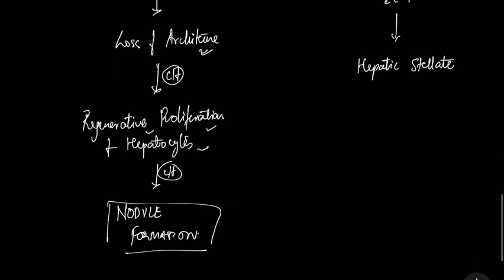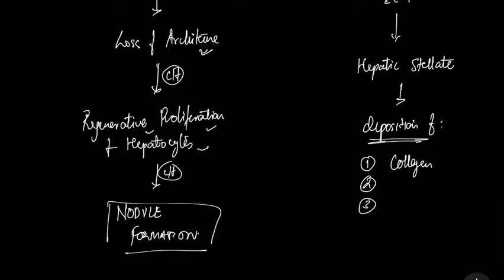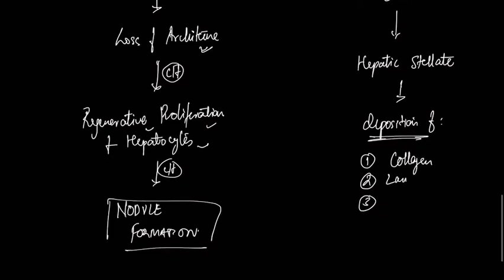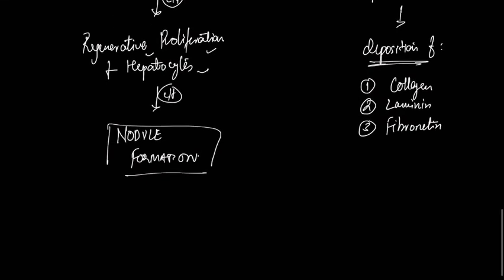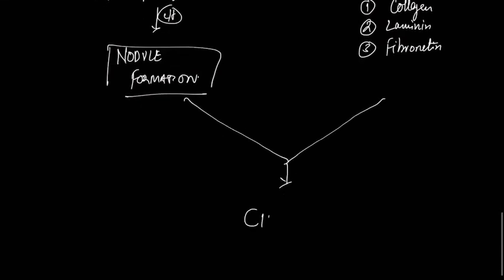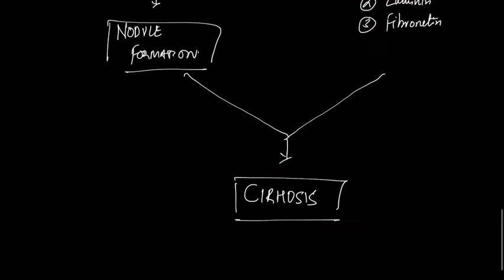And this causes deposition of three things: there's your collagen deposition, then there's your laminin deposition, and your fibronectin deposition. And these two collectively lead to your cirrhosis.